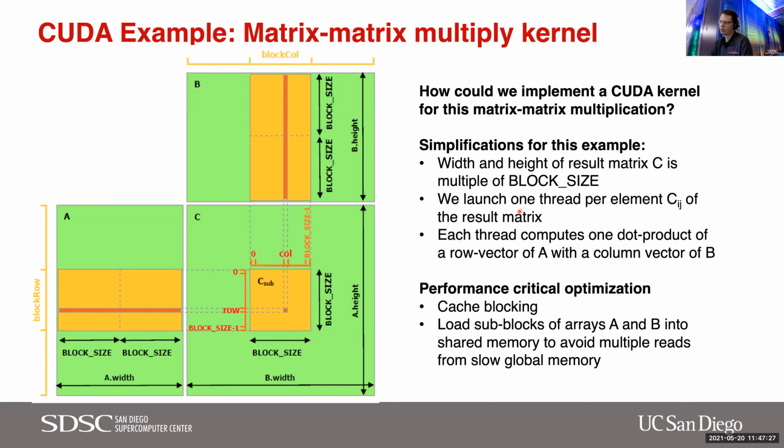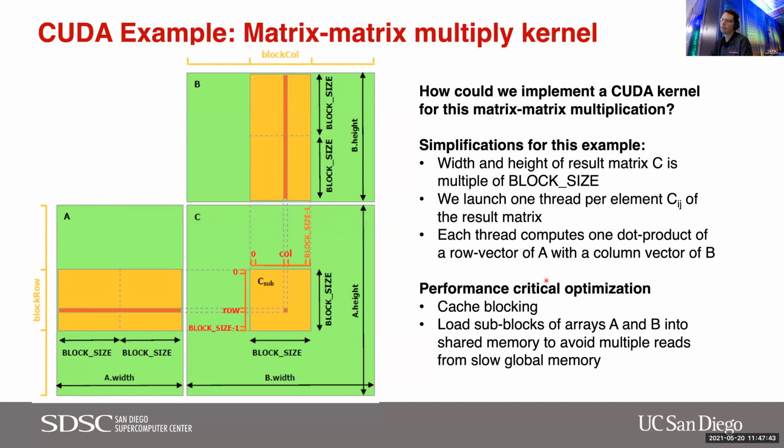And then we launch a single thread to compute each element. So you have one thread that does this dot product between this row vector and this column vector. And so each thread computes one of those dot products.